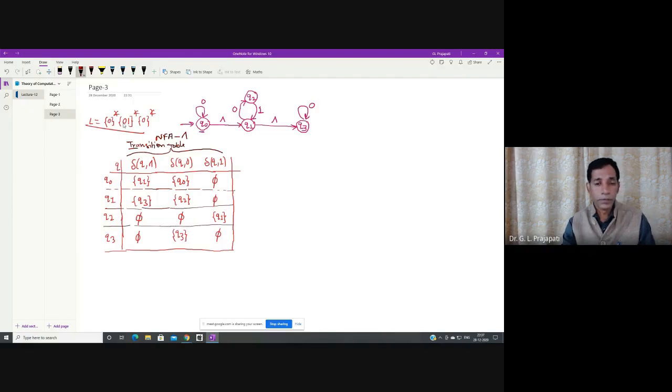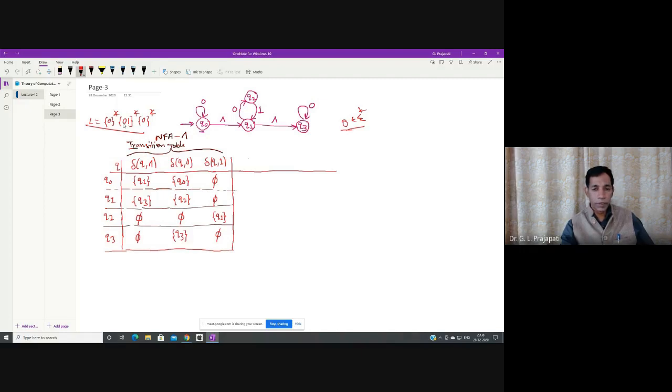Now see the situation. If you are at the state Q0, instead of considering the null transition or 0 or 1 as input, suppose you want to know, if somebody gives you the string 0, taken from sigma star, where you can reach.